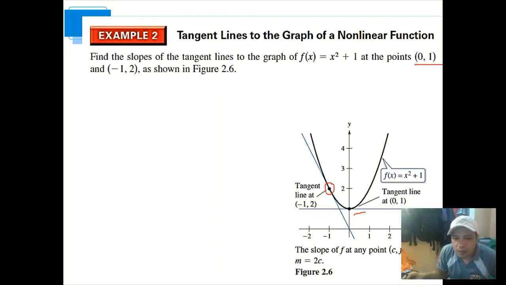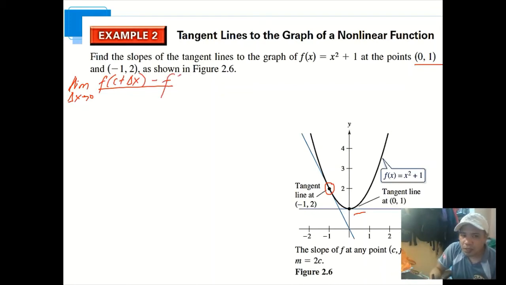So, okay, so using the idea of using the slope ng second line, we will apply the setup. So, limit delta x approaches 0, the limit of f of c plus delta x minus f of c all over delta x, which is equals to, so gagamitin natin, pag x, dito, ang gagamitin natin sa lahat ng x is c plus delta x.